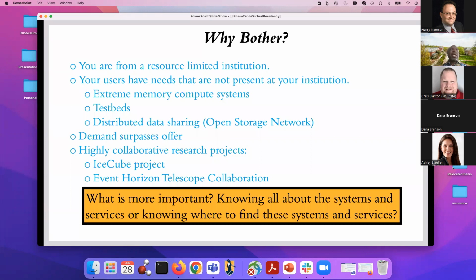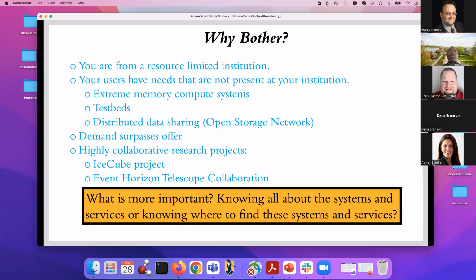They need to test applications, performance, or some sort of hardware that you may not have at your institution. So it'd be good to know where some of these infrastructures are. You have distributed data sharing, like Open Storage Network, that you may need, especially for highly collaborative projects that your users may have.